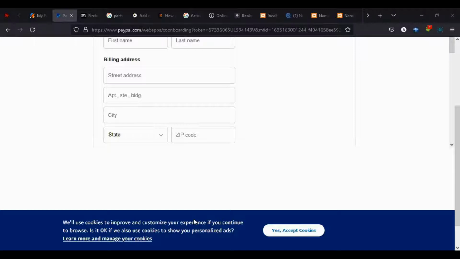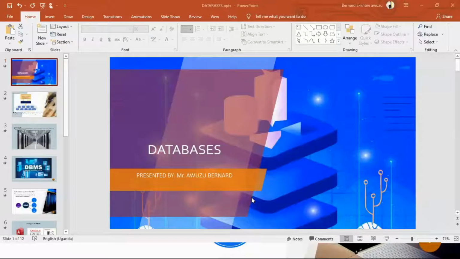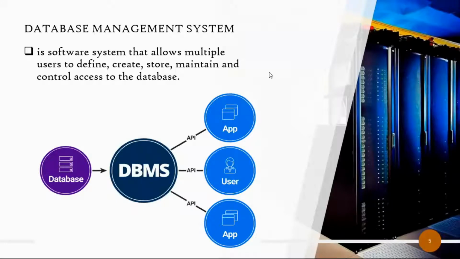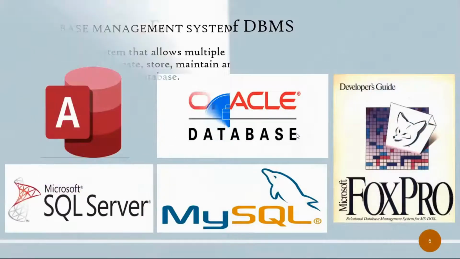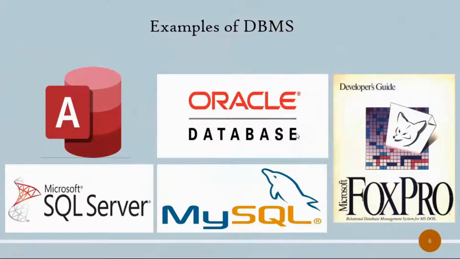Most of them are just for middleman activities, to connect the bank and your website, to connect MTN and your website such that you can be able to perform mobile money purchases online and so on. So I don't know, is it clear, guys? Have you understood how APIs work? Yes, it's clear. Okay, so let's move on to the examples of database management systems.